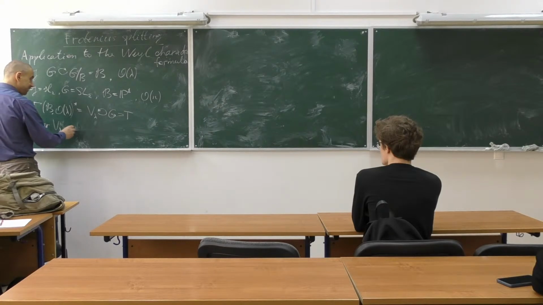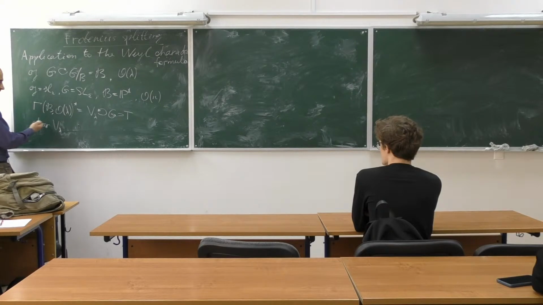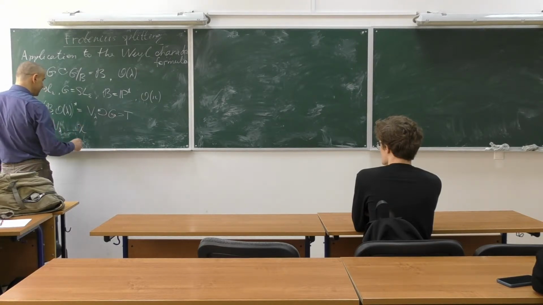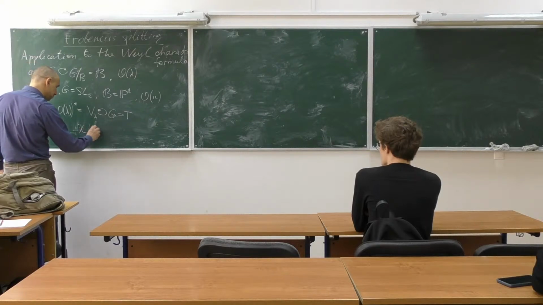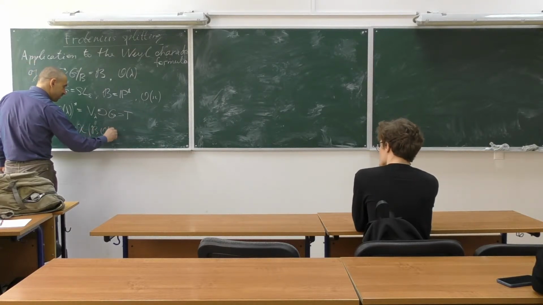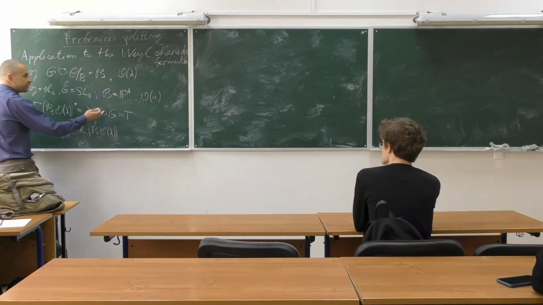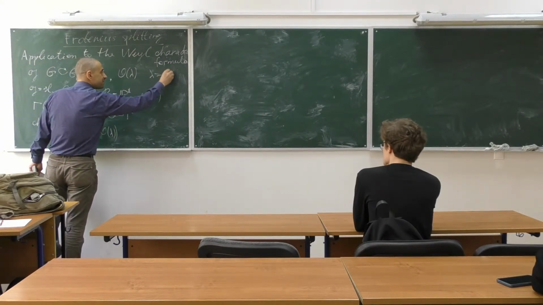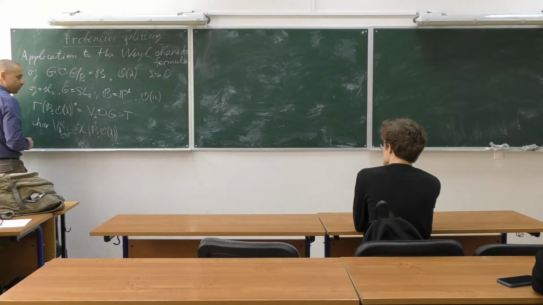The point is that there are two points in the algebraic proof I have in mind. First, you can compute the Euler characteristic of this line bundle. It's also assumed that lambda is positive in some sense. It's called dominant.